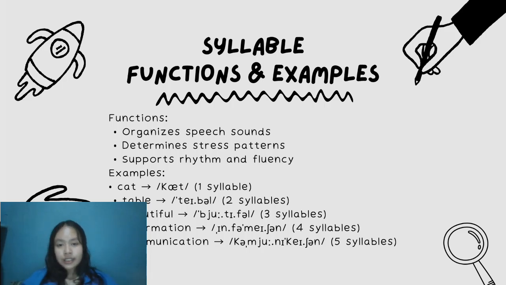This example shows that each syllable contains a vowel sound that functions as the nucleus. These examples follow the syllable analysis discussed by Lightfoot and Johnson in A Course in Phonetics.